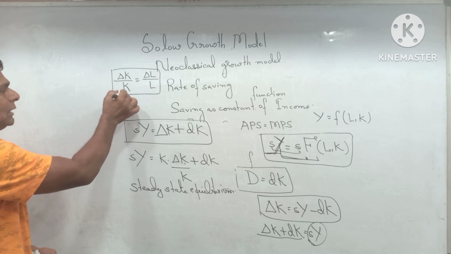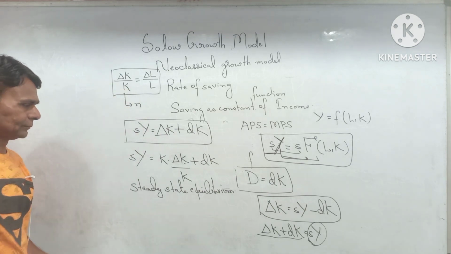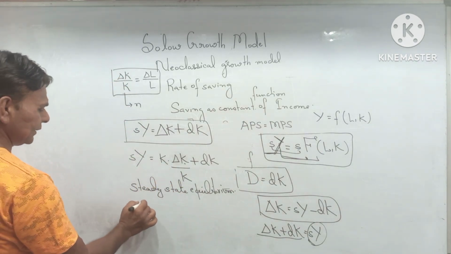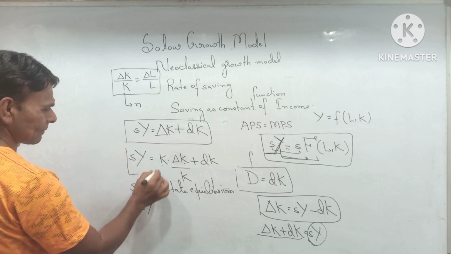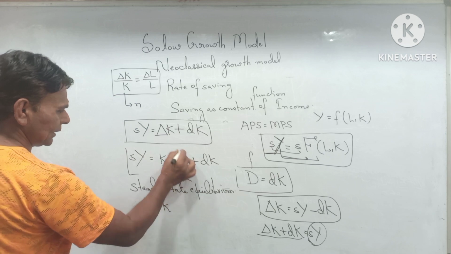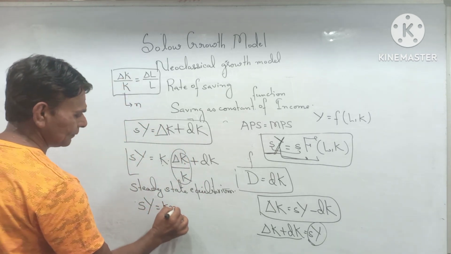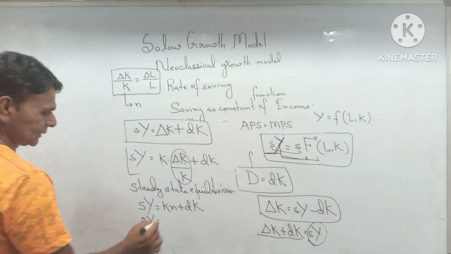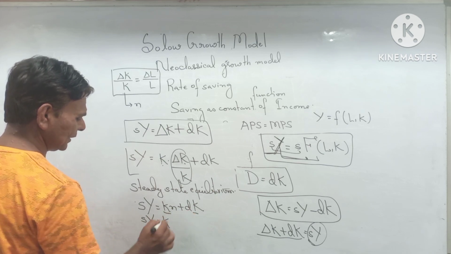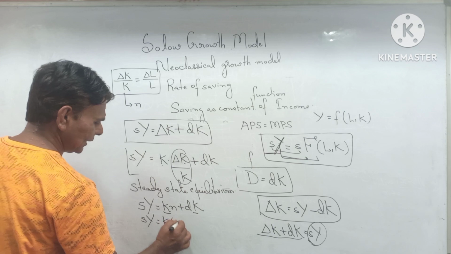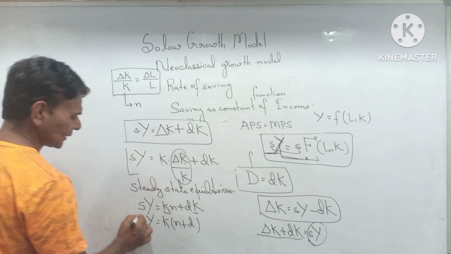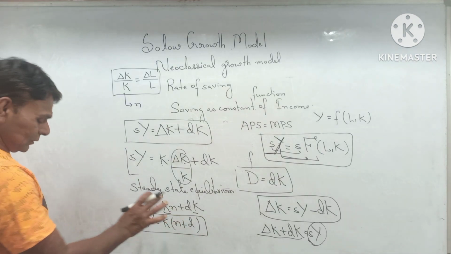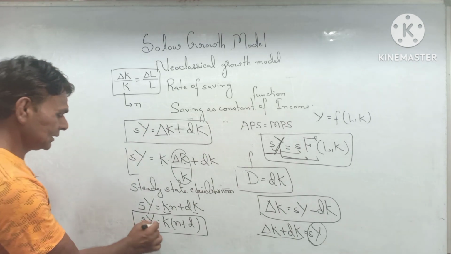If denoted by N, delta K by K is denoted by N. Now the equation can be written: sY equals K times N plus d, taking K as common. This is the fundamental growth equation of the new classical growth model, that is, the Solow model.